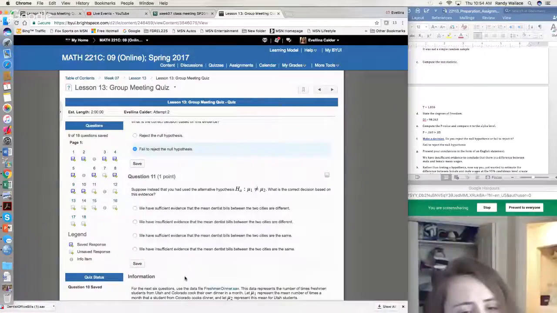If we use that alternative hypothesis that they're not the same, then we don't have the evidence. Because before, we said we have sufficient evidence that the two cities are different.